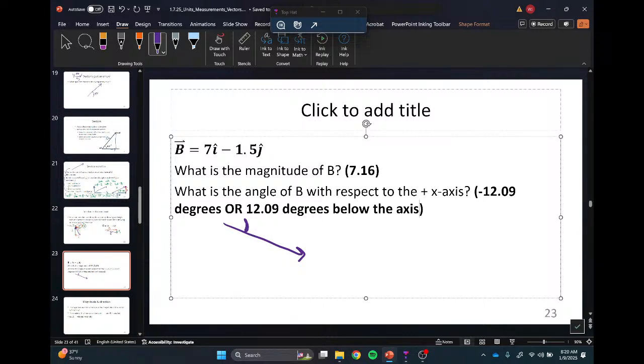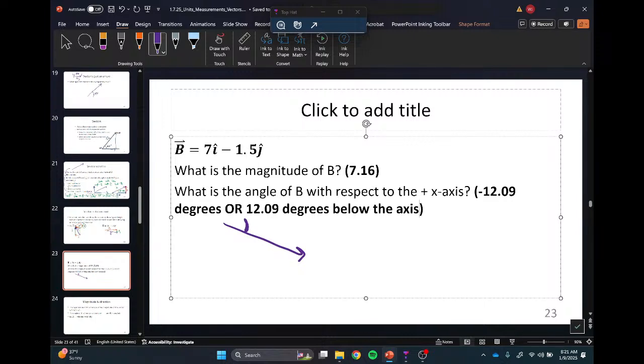That's a great question. Someone had a really good question. Magnitude is always positive. The reason for that is that negatives and positives generally mean direction, but when we're talking about magnitude, we're only talking about how big the arrow is. And how big something is can only be a positive number.